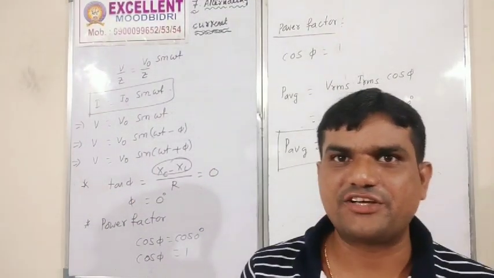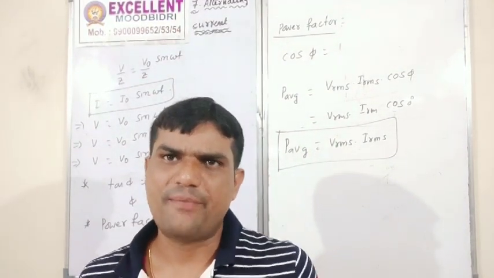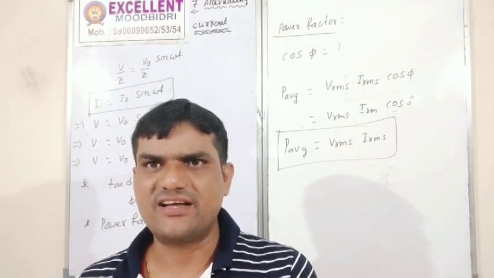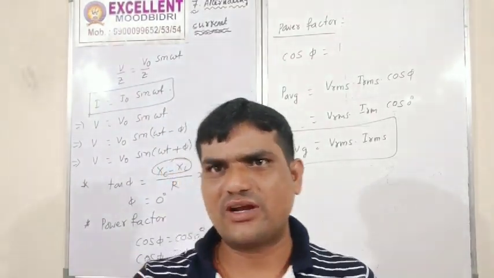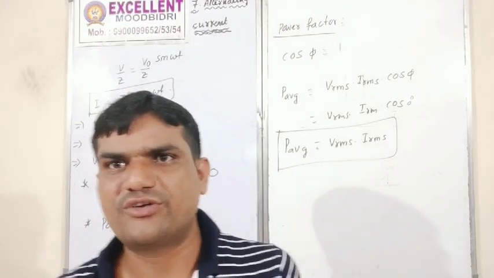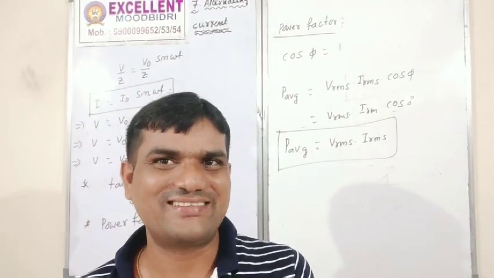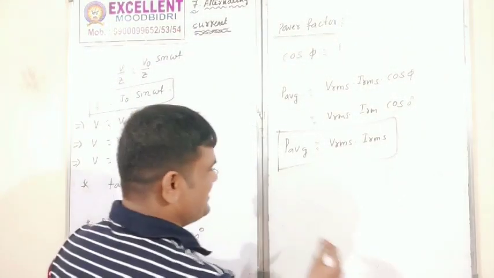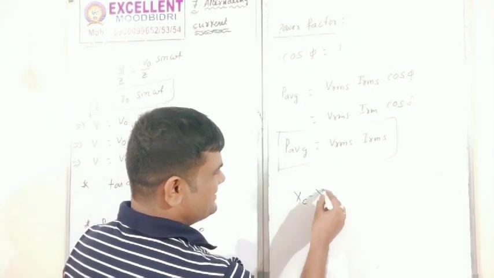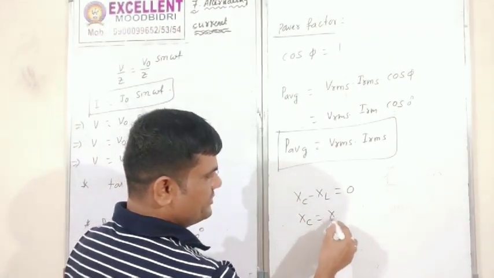In this session I have covered the capacitor as well as the LCR circuit, LCR case 1, case 2, case 3. In examination you can write case 1 or case 2. No need to write case 3, because there is one more concept there. If XC minus XL is equal to 0, then XC is equal to XL.